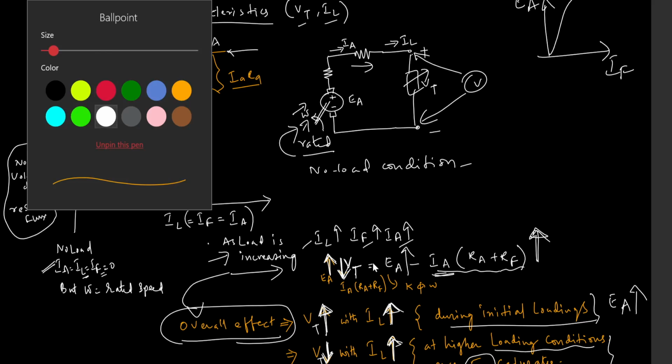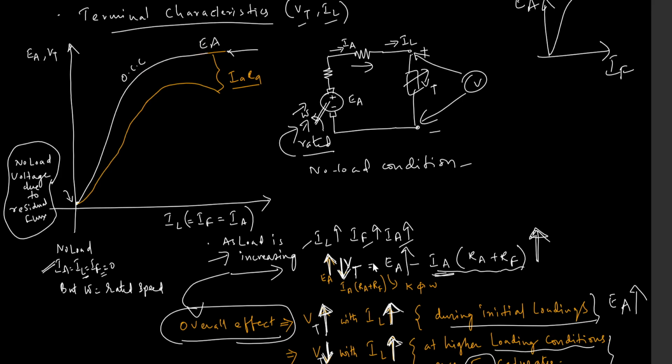But if I also take the effect of armature reaction, then this would be a little more severe, like this. This is due to the IA RA drop as well as armature reaction. So the terminal voltage slowly increases from no load to a maximum value somewhere here, and up to this the EA effect is more compared to the IA RA drop and armature reaction.